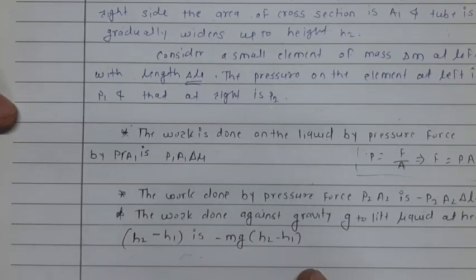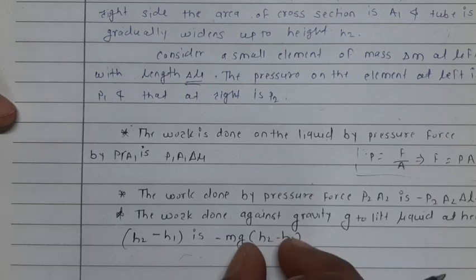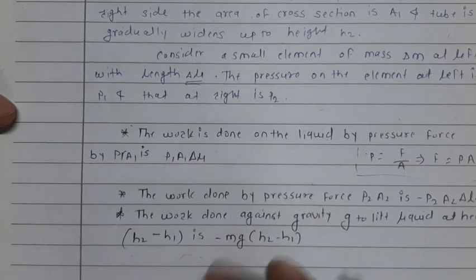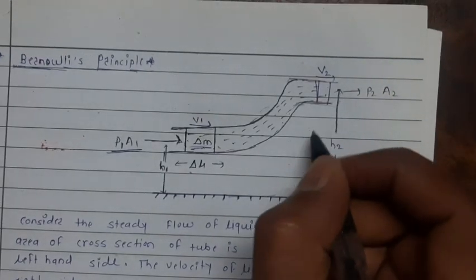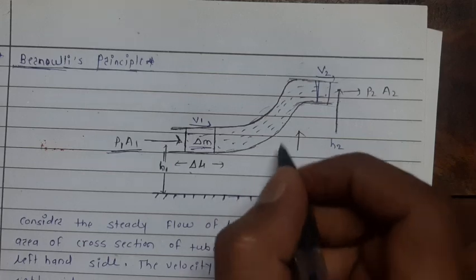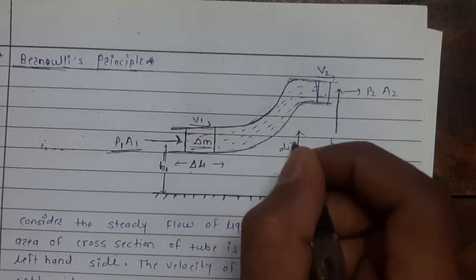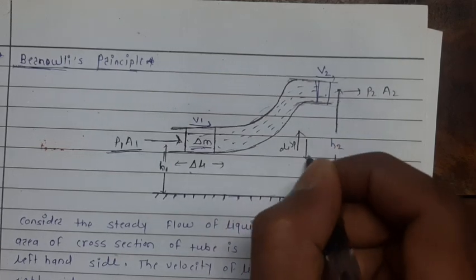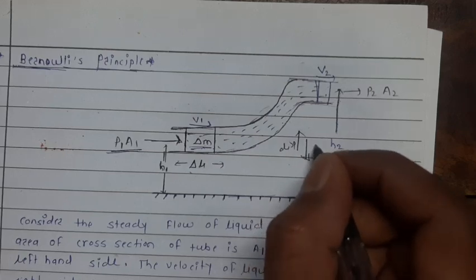Now you people might ask one question: why is this work done coming out to be negative? Remember this, your molecule is lifted vertically upward, so the displacement is in this direction, but the gravitational force acts vertically downward.